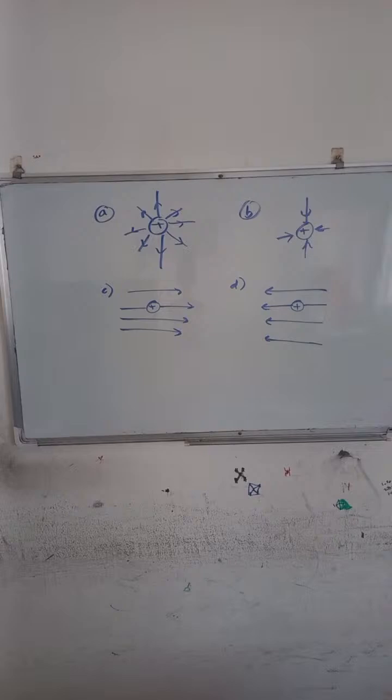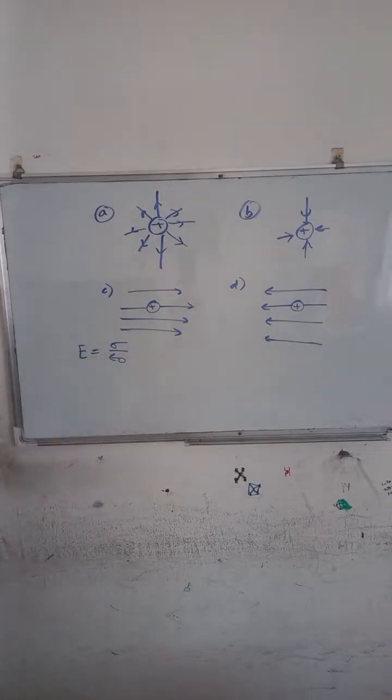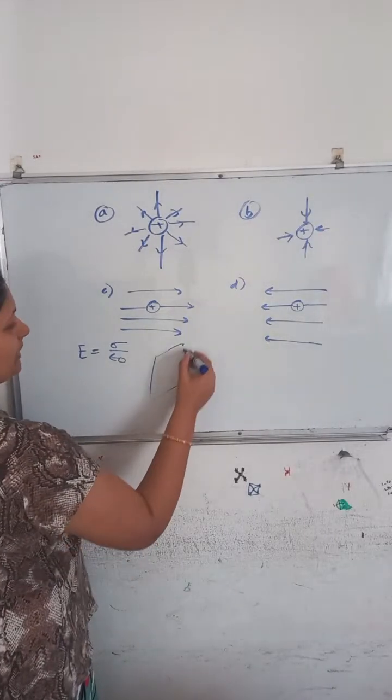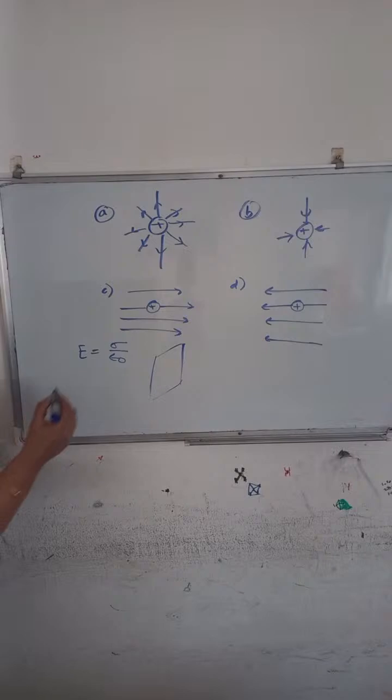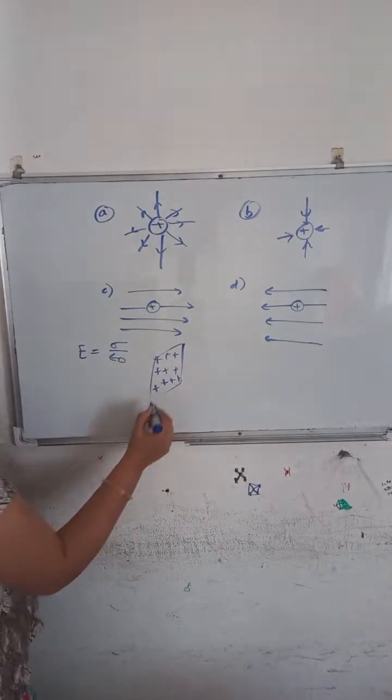Here, for the electric field near the conducting surface having surface charge density, we already calculated it, no, it is sigma by epsilon naught. We derived this actually for the plate, where the charges are equally distributed on the plate.